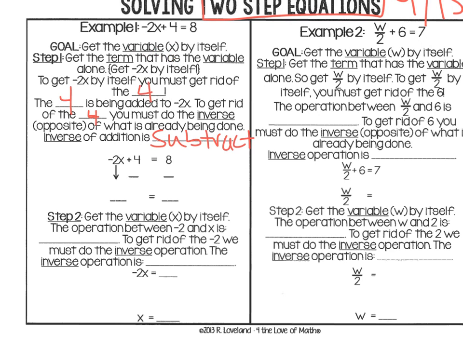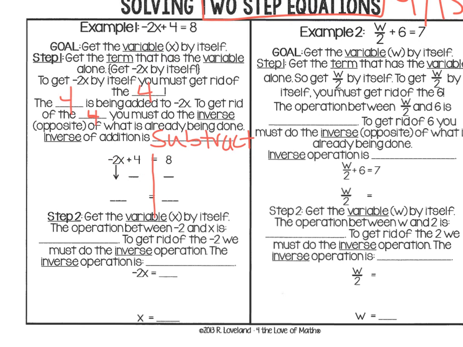Anyway, so obviously the opposite of addition or the inverse of addition is subtraction. So we look at our equation here and it says negative 2x plus 4 equals 8. Alright, so I like to draw the line going down the equal sign so that we're separating all this information over here on the left of the equal sign from this information over here on the right. And our goal, remember, is to get this x right here all by itself.